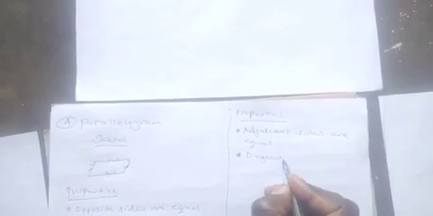So adjacent sides of a kite are equal. Let us talk about diagonals. Diagonals are perpendicular. Perpendicular means that they meet at a right angle.